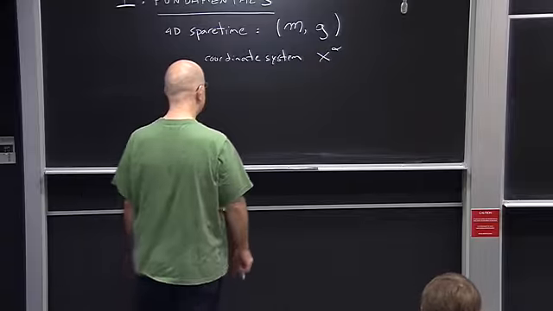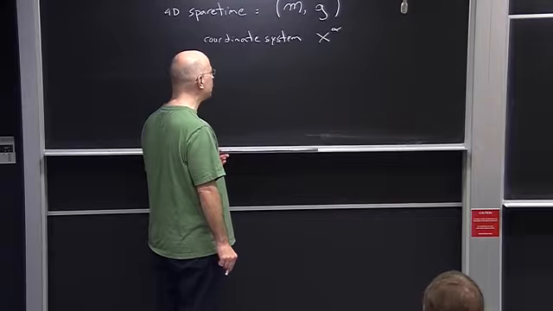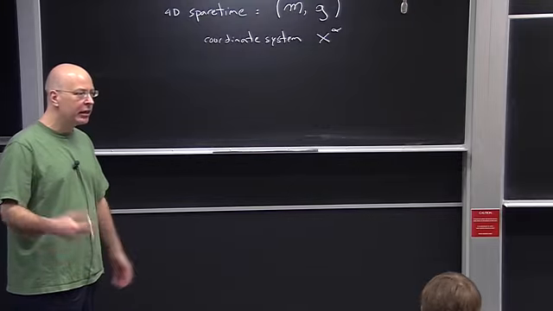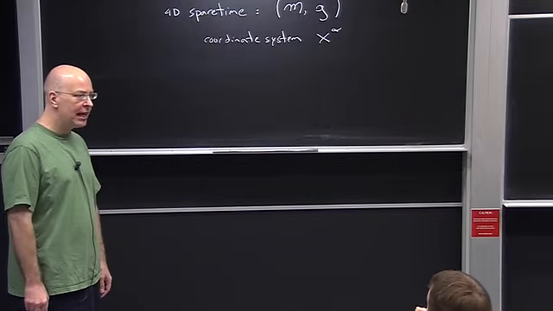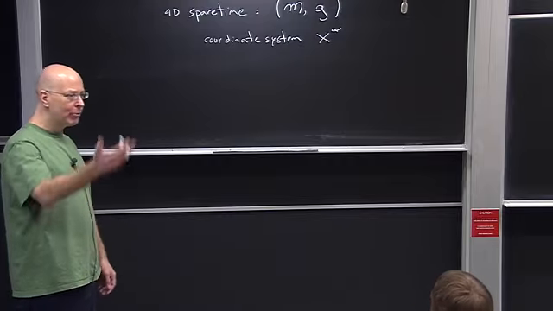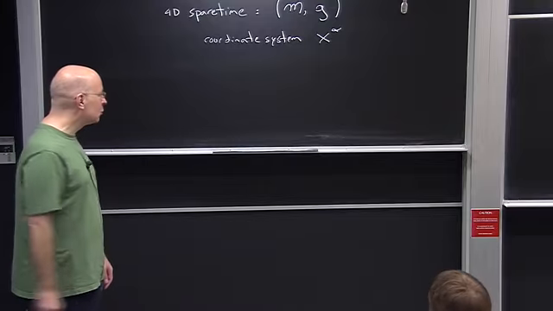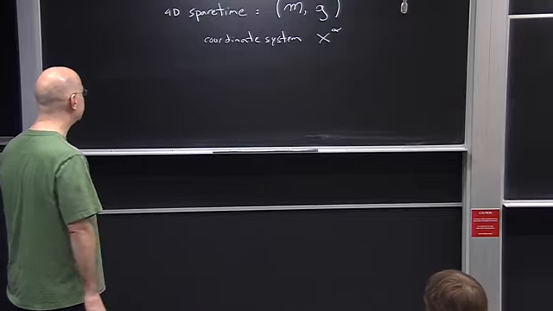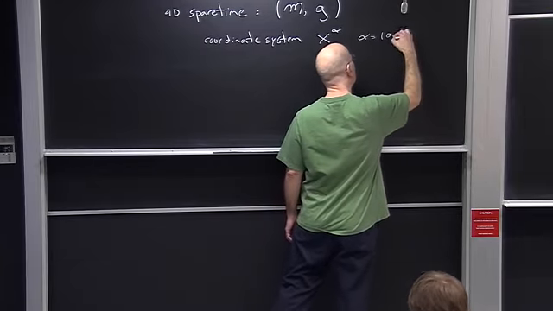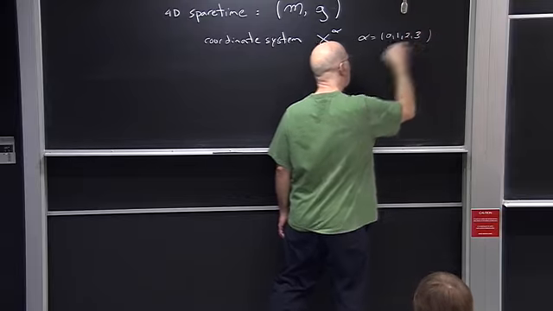And time is usually the 0th coordinate, and then the spatial coordinates are from 1 to 3. So here I'm using the Greek indices as opposed to the Latin indices that Wald or Carroll would favor. Here I'm going back to the old notation because that's what I learned when I was a student. So alpha would go from 0, 1, 2, 3.